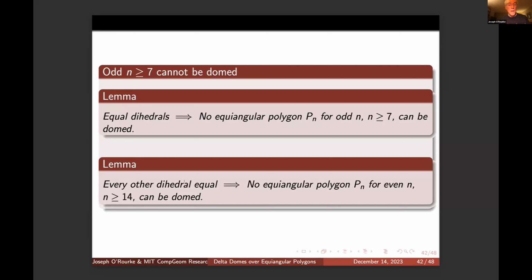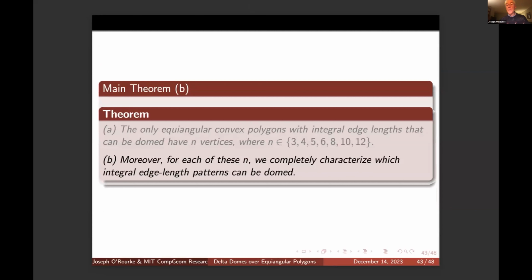And if you have every other dihedral angle equal, then no equiangular polygon for even n, with n greater than 14, can be domed. Sorry, typo there. In both of these, it should be cannot. So that completes what I'm going to show you as proving theorem A.